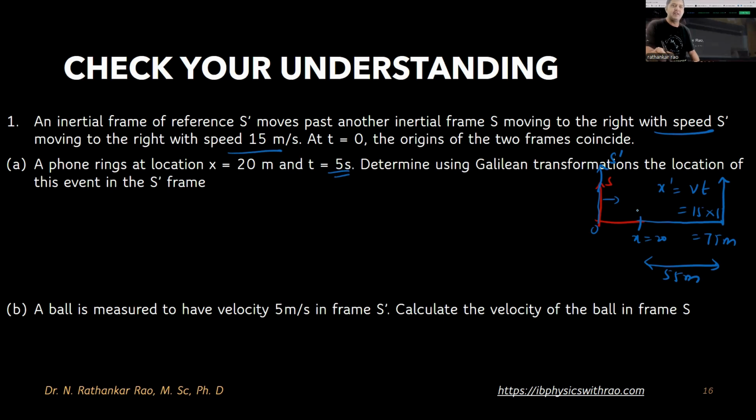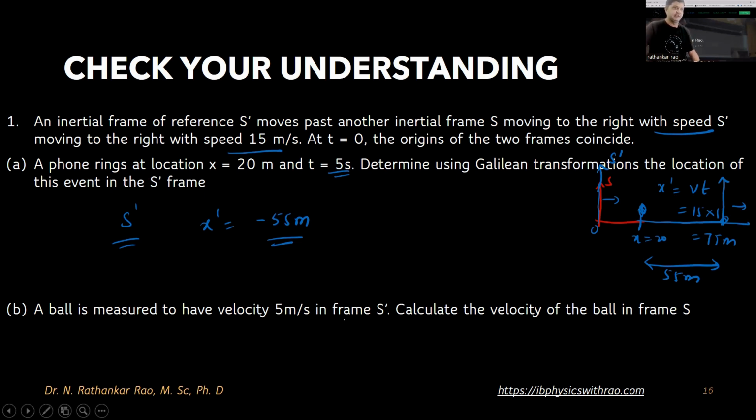Which event? The phone over here. What is the position of this phone with respect to the S dash frame? With respect to the S dash frame, x dash is equal to minus 55 meters, because anything in this direction is positive and anything backward is negative. So this should be called minus 55 meters.